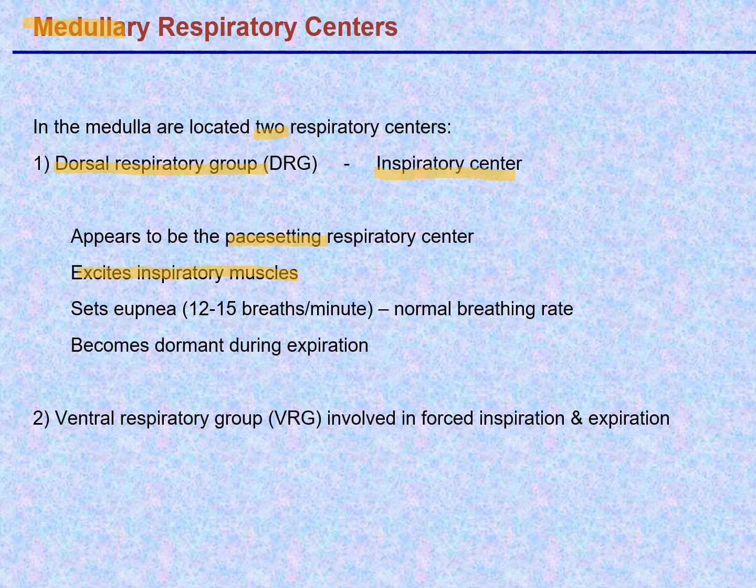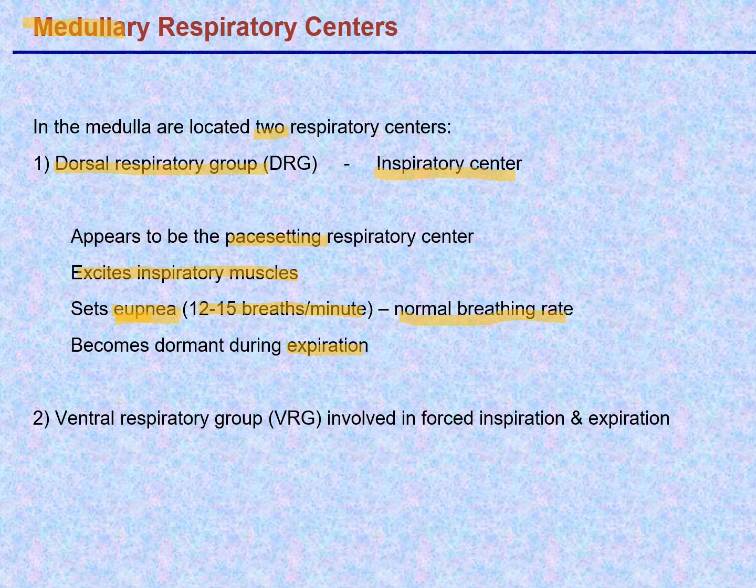It sets true relaxed breathing, the normal baseline breathing rate of 12 to 15 breaths per minute, which is called eupnea. Okay, normal breathing rate at rest is called eupnea. So the DRG, which is the inspiratory center, sets that. It will be dormant during expiration, with less activity then.